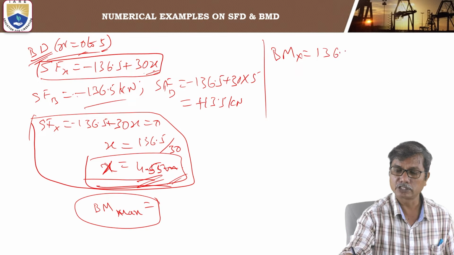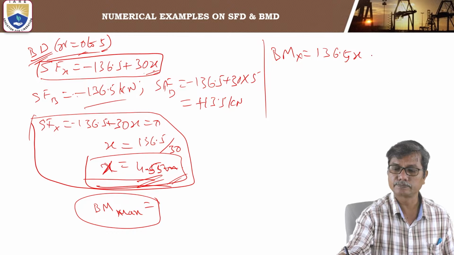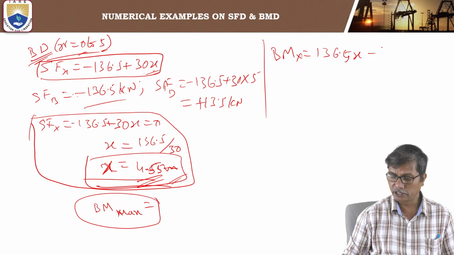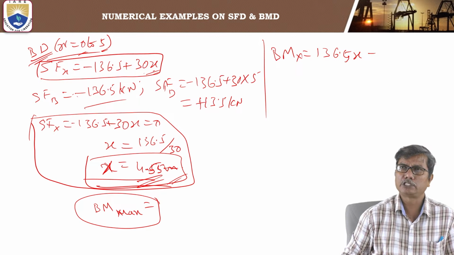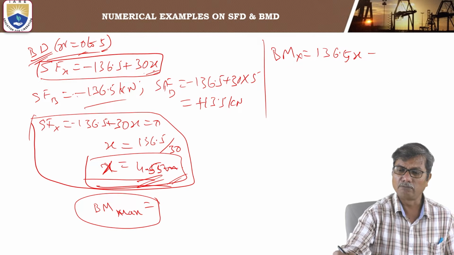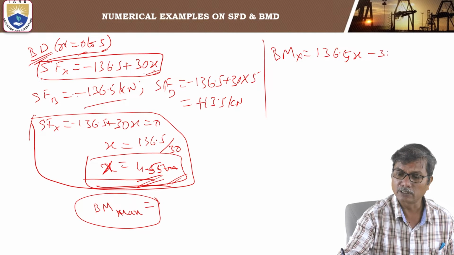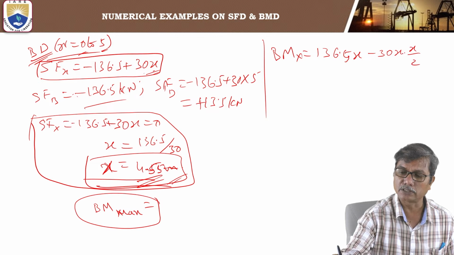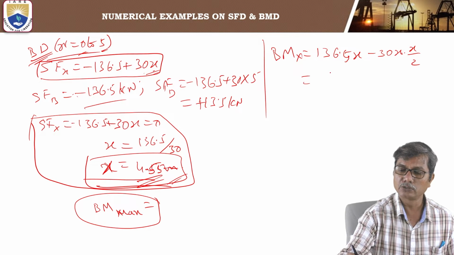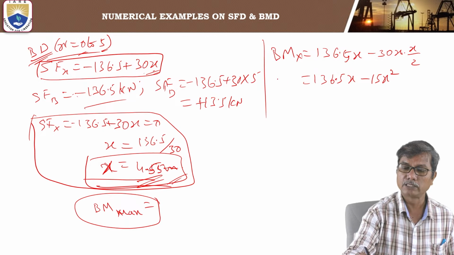You have 136.5x, the reaction at B producing positive sagging bending moment, minus 30x, the UDL, into the distance of its centroid, x by 2. So it is 136.5x minus 15x squared. This is the equation for bending moment at x.